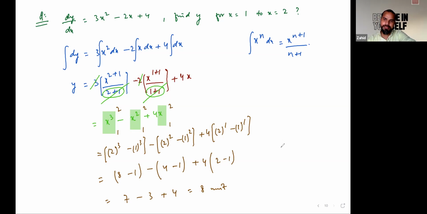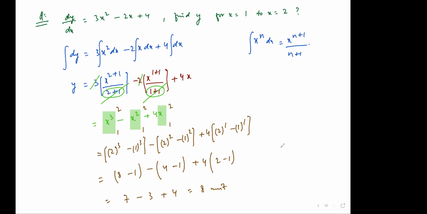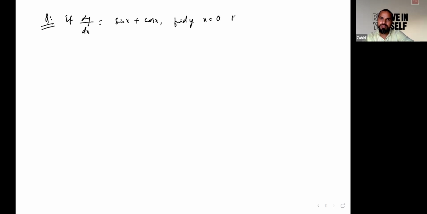Salman, have you got the same result? Yes, sir. Hiba? Yes, sir. Okay. I'm giving the last example related to this with some trigonometric function. If dy dx is equal to sin x plus cos x, try to find y for x equal to 0 to x equal to pi.